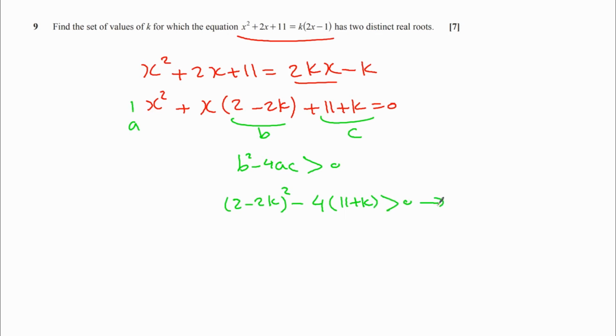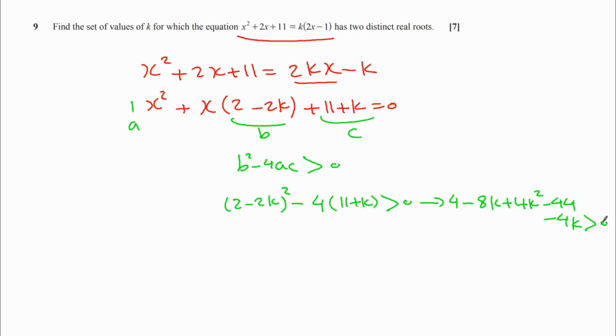So again, I am going to expand this. This would be 4 minus 8k plus 4k squared minus 44 minus 4k. It is larger than 0. And I'm going to simplify.